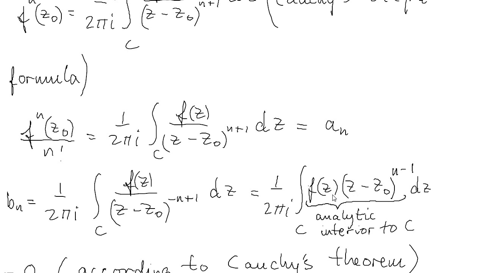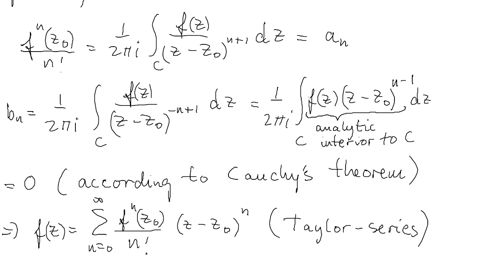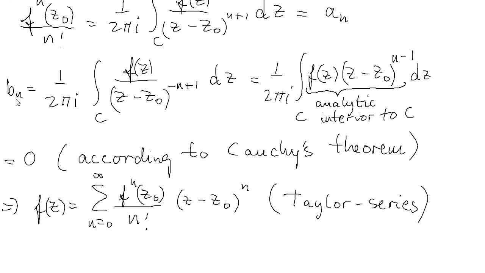Therefore this function is analytic interior to the closed curve C. But then we have from Cauchy's theorem that the closed integral should be equal to 0, because this function is analytic. Therefore the coefficients bn are equal to 0 for any n. And summing up, we find that the function f of z is equal to this expression, which is exactly the Taylor series.